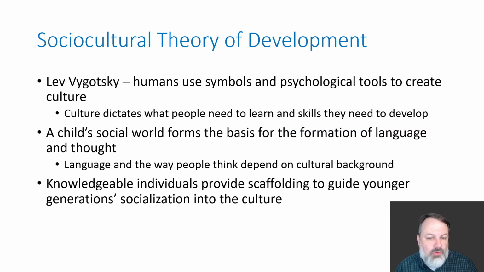The sociocultural theory of development was by Vygotsky, and this came out of Russia. The way he saw it, humans use symbols and psychological tools to create culture. And culture is what then dictates what people need to learn and the skills that they need to develop.